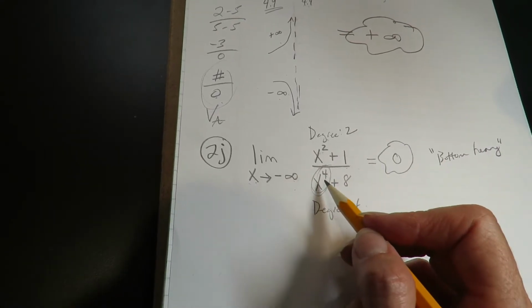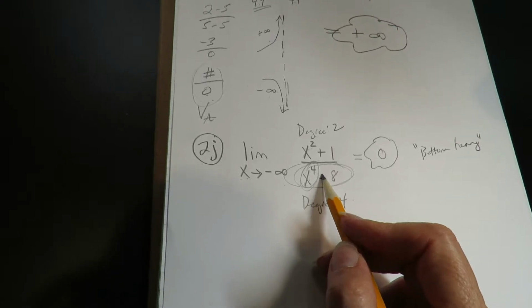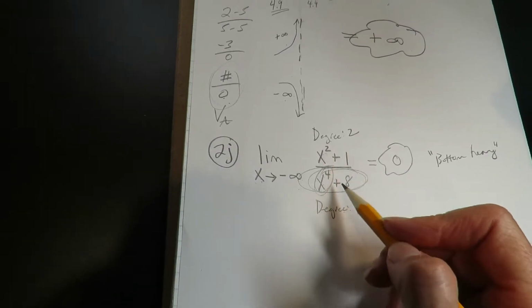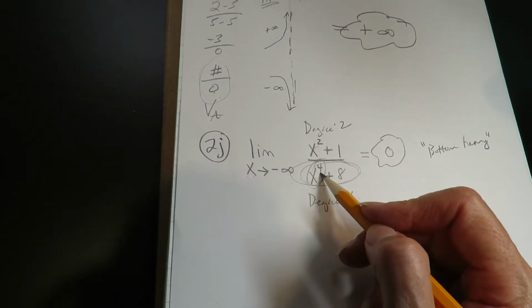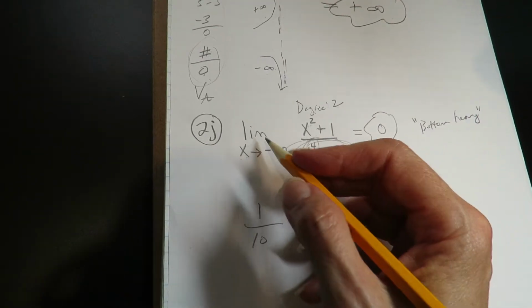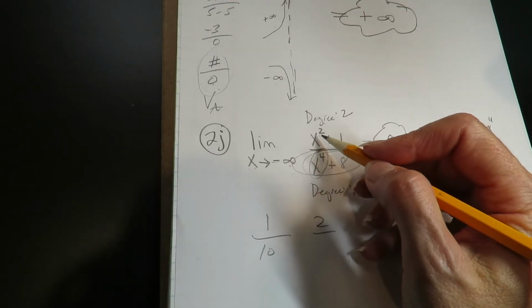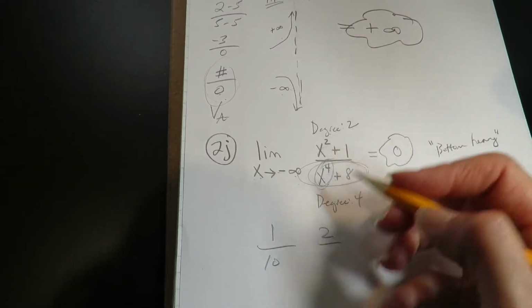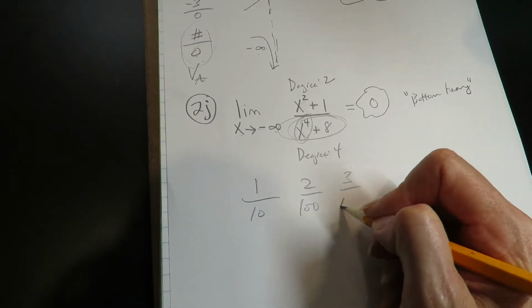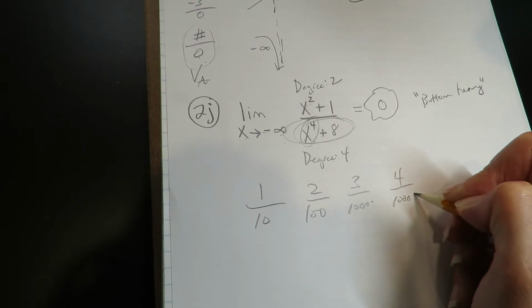So that means that since there's a higher degree in the denominator, this number will get huge relative to this number, right? This number is going to get bigger faster. So if you think about things where they're both growing, this happens to be going to negative infinity, but I just gave a positive version. You want to think about that both sides are growing, but they're not growing at the same rate.